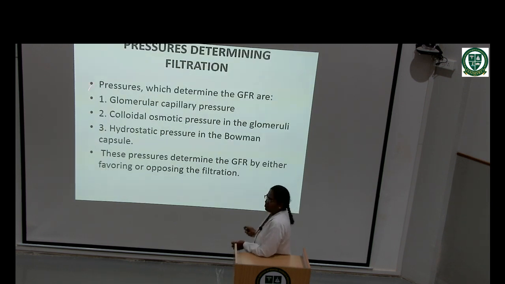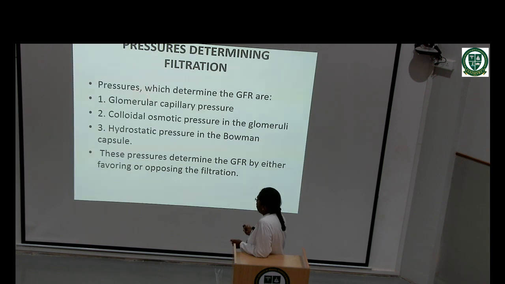The pressures which determine this filtration are the glomerular capillary pressure, second the colloidal osmotic pressure in the glomeruli, third the hydrostatic pressure in the Bowman's capsule. These pressures either favor or oppose filtration.